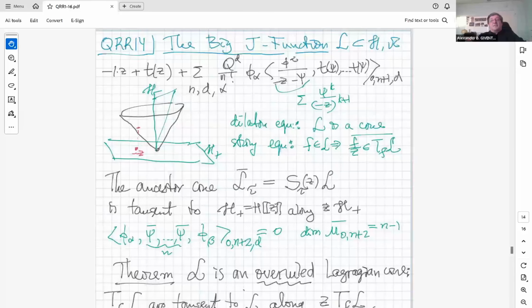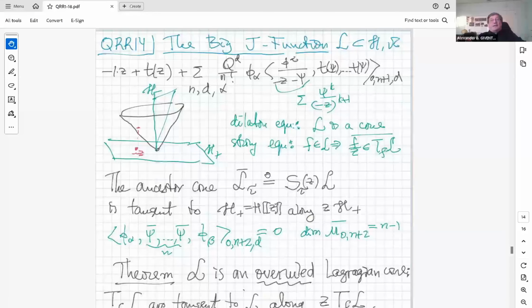Well, the value doesn't matter when you compute the differential of a function, but the fact that the derivatives vanish means that the Lagrangian section intersects the zero section at those points, therefore it contains zH plus. But the fact that quadratic terms vanish means that it's tangent. So along zH plus, its tangent space is H plus itself. So therefore, yes, for each tau, it is tangent to H plus along zH plus.